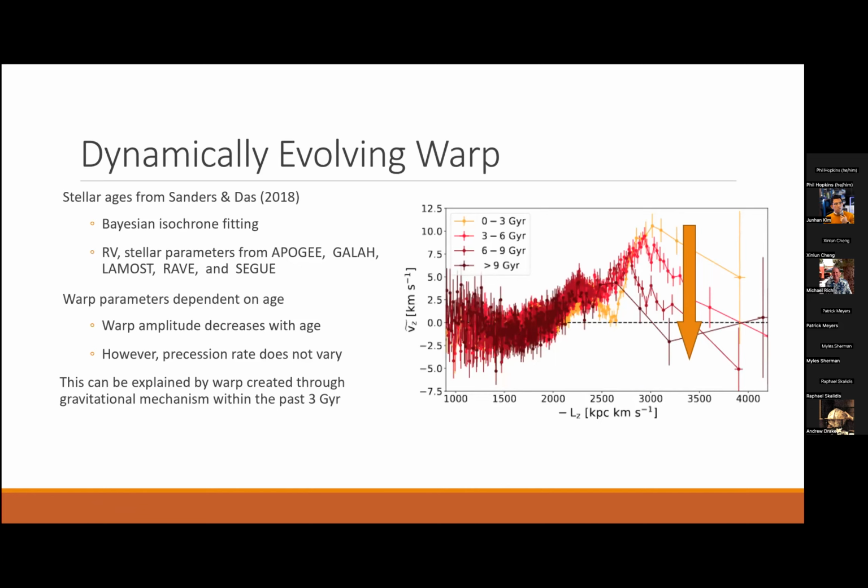We found that the warp parameters are actually dependent on age. The warp amplitude, as you can see here, decreases when the stellar population age increases. However, the precession rate, which is not shown here, does not vary. So this can be explained by a warp created through a gravitational mechanism within the past 3 gigayears.